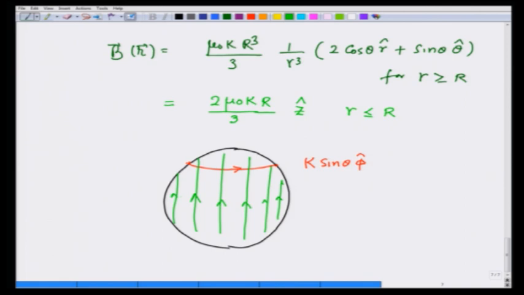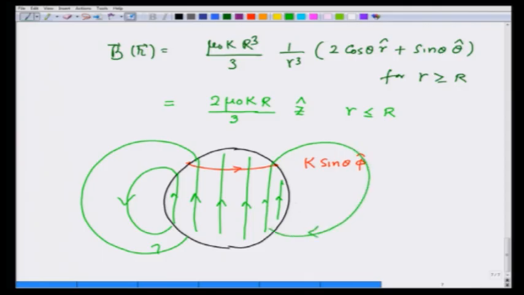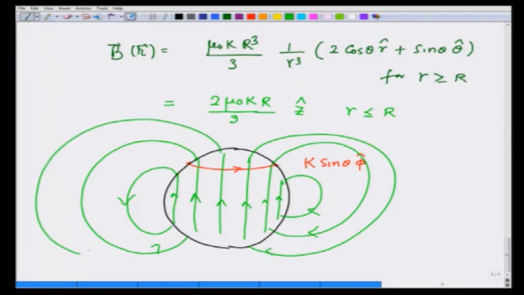What about outside? I will show you that the outside field is like the dipolar field. So, this is the kind of problem that we solved in electric field, and this is similar problem in the magnetic field, except that now it has a surface current density with sin theta dependence.